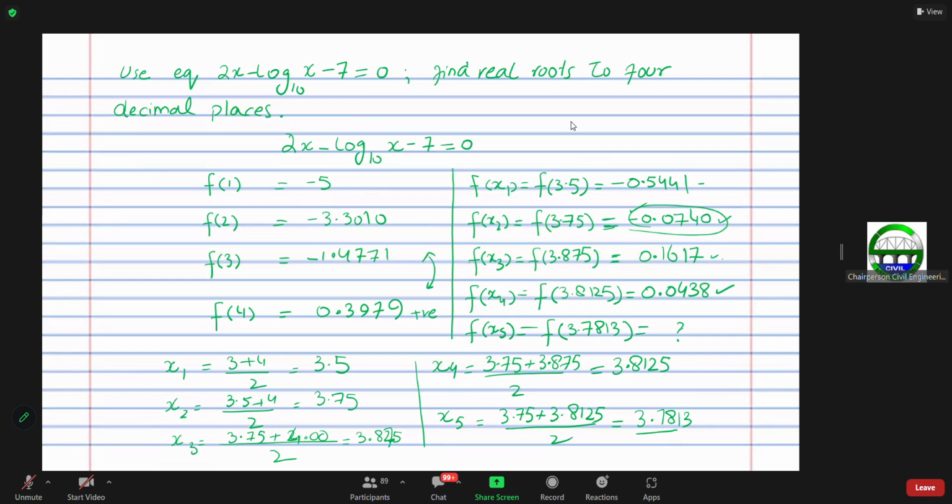Its value is minus 0.051, so it is negative and the other is positive. Now our solution will lie between 3.7813 and 3.8125.